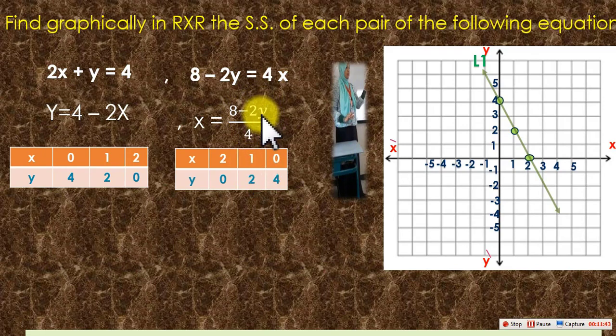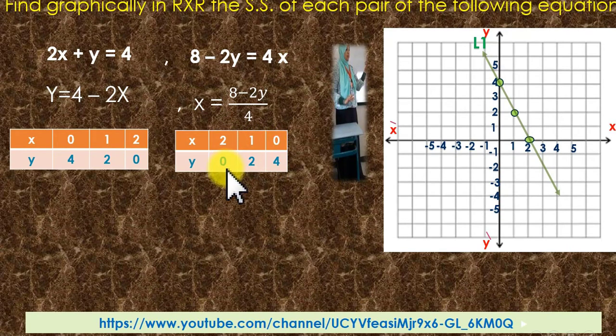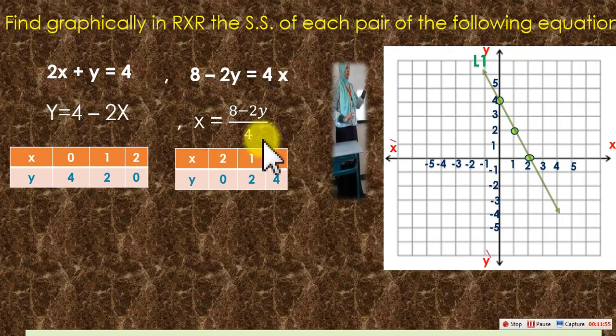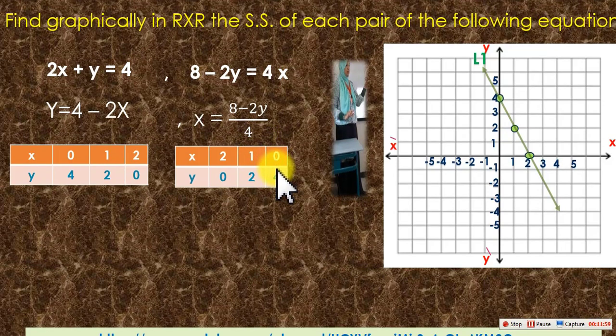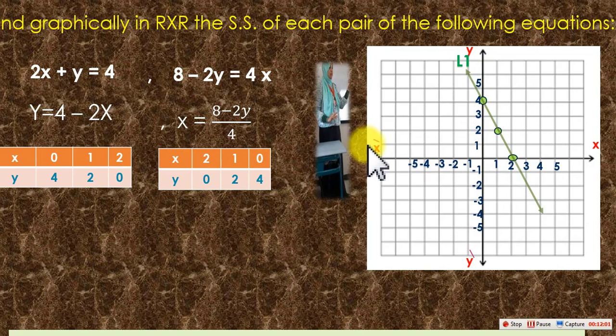As y equals 4, x equals 8 minus 8 over 4 equals 0 over 4 equals 0. So 2 and 0 is the first ordered pair, the second is 1 and 2, the third is 0 and 4. And we represent these ordered pairs 2 and 0, 1 and 2, 0 and 4.